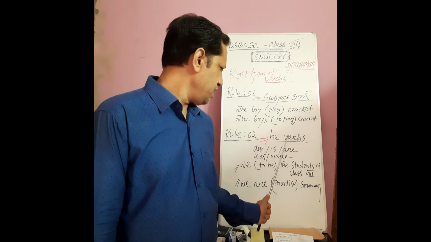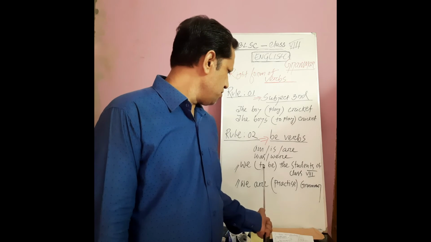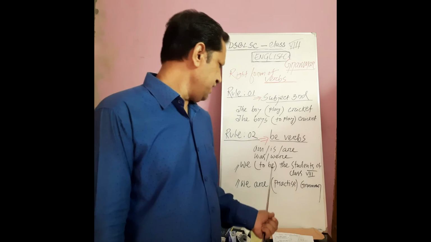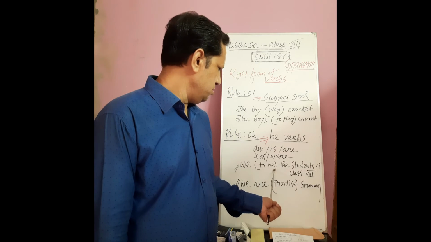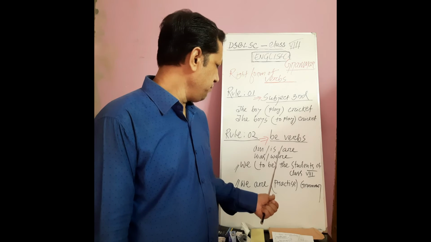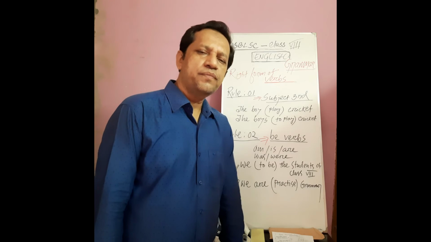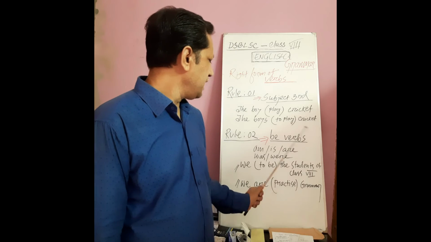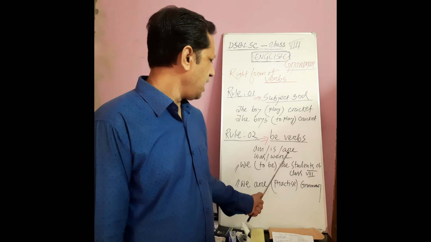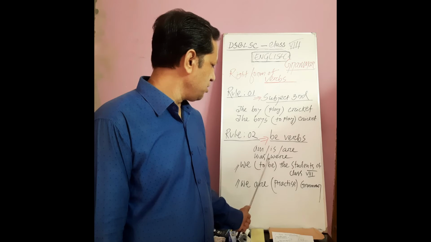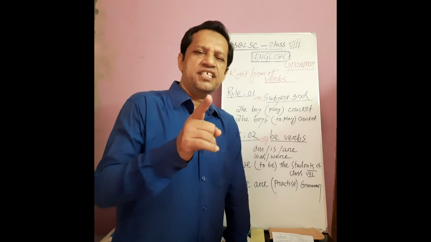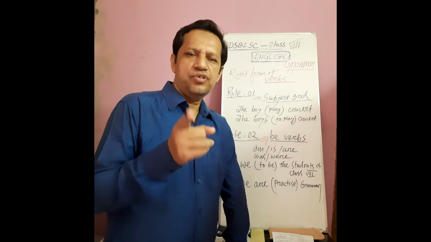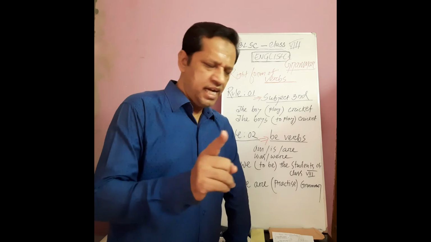So when we get to be in the bracket, we have to think that we have to use am, is, are, or was, were. If the sentence is in present tense, then we have to think about am, is, or are.